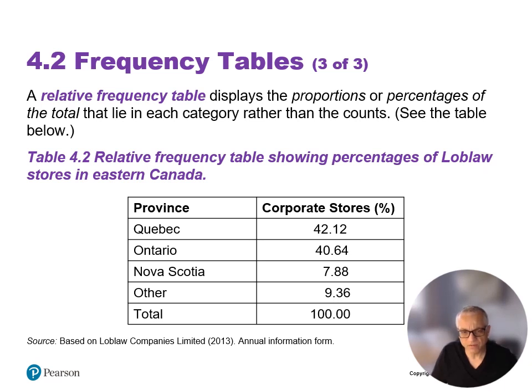This is a very good idea when you have discrepancies in scale among different categories. You focus on the larger ones and lump the smallest ones together in one category and call it whatever you want. In this case we call it other, and it accounts for 9%.